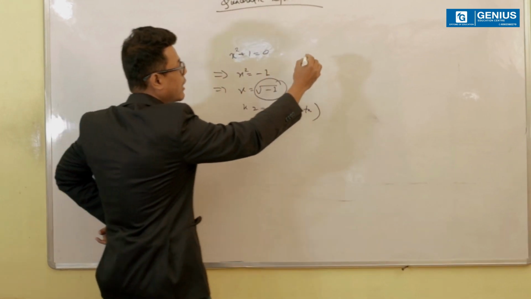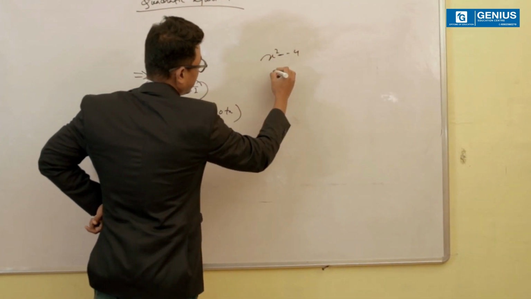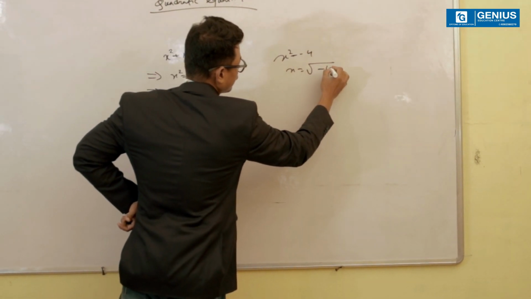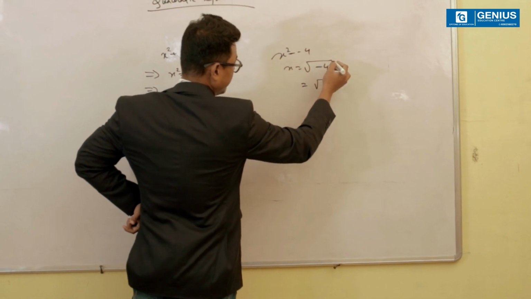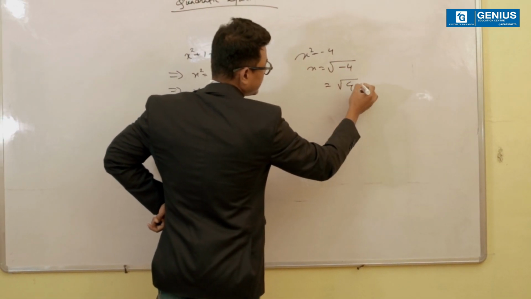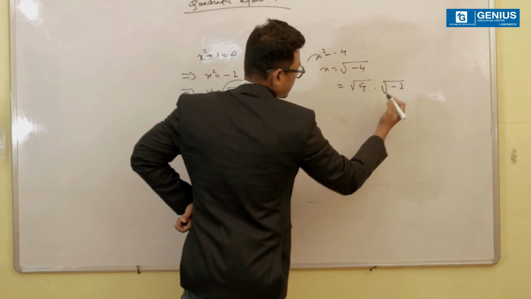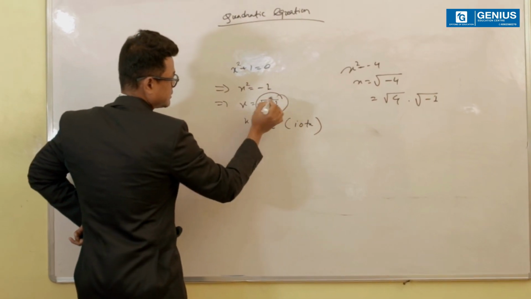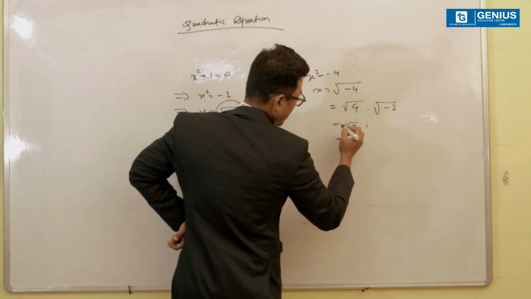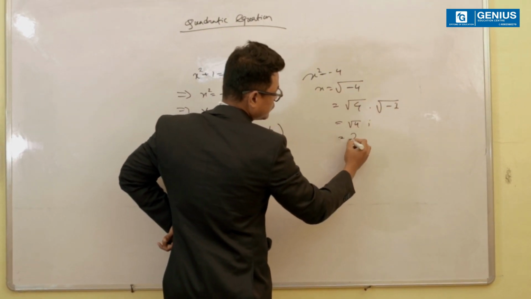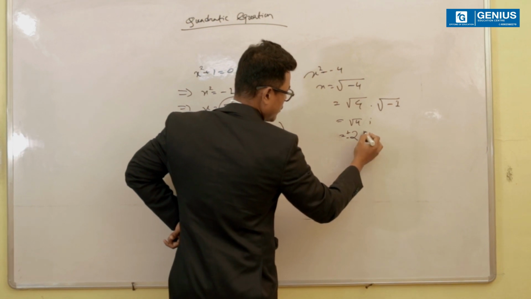So for example, you have x square is equal to minus 4. x becomes root over minus 4. So what I will do is, I will divide this number into two parts, 4 into root over minus 1. I know root over minus 1 is nothing but i. So I will write root over 4 i, and I know root over 4 is 2, or plus minus 2, whatever you want to write.